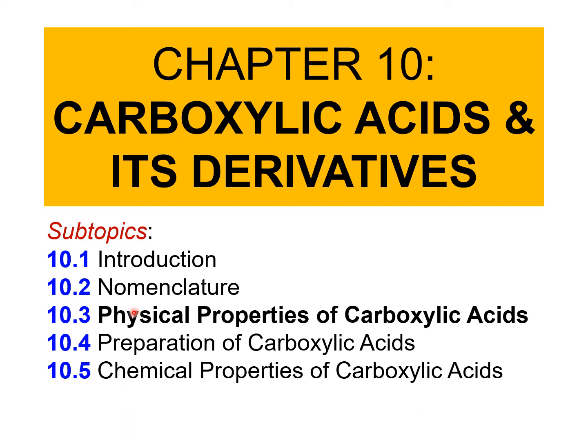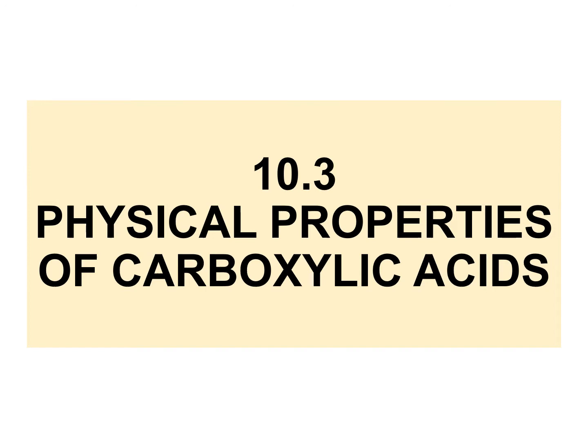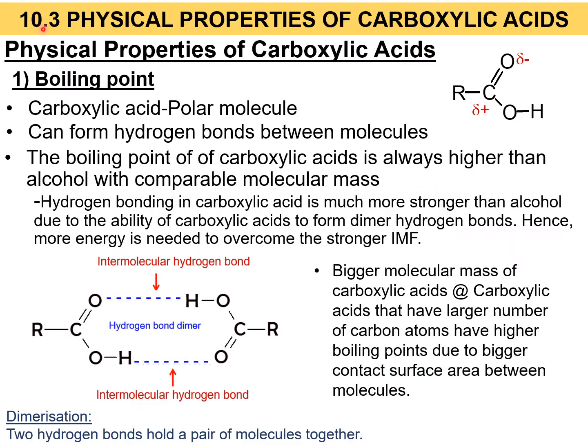Okay, so this video will explain further about subtopic 10.3, which is about physical properties of carboxylic acids. Let's talk about the first type of physical properties of carboxylic acids that you need to know, which is about boiling point.